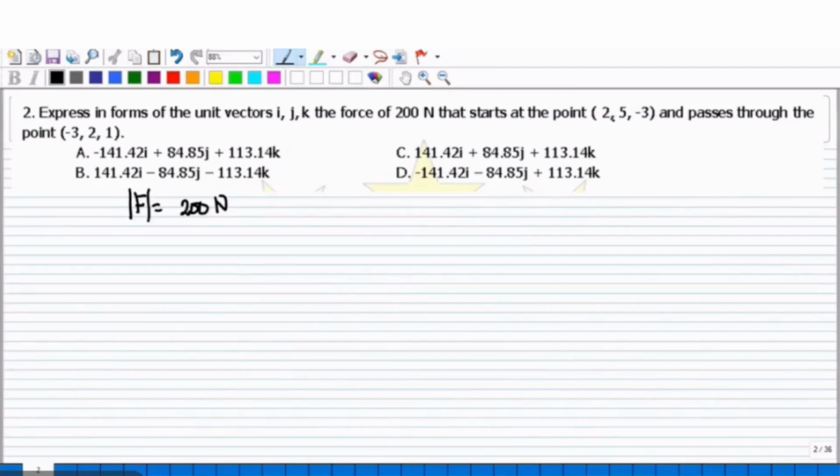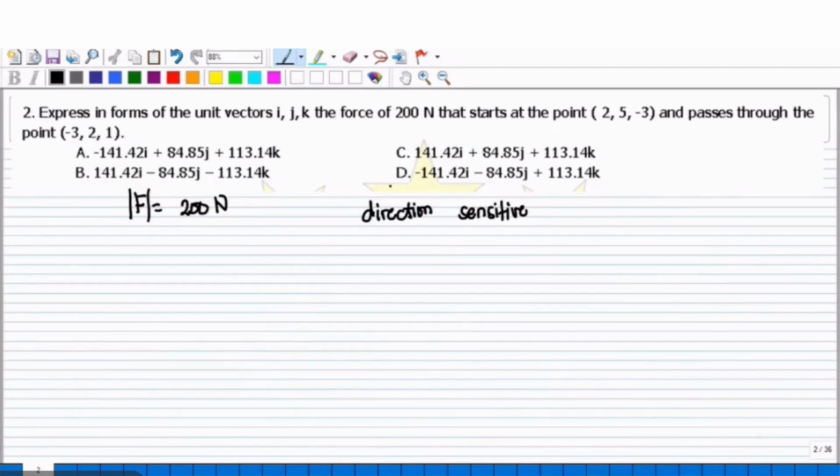That starts at the point (2, 5, -3) and passes through the point (-3, 2, 1). Okay? So, take note po sa vector analysis, mahalaga po ang direction. Direction sensitive po ang ating vectors. Kapag baliktad yung direction, mag-iiba yung vector mo. So dapat alam mo po yung patutunguhan ng vector.